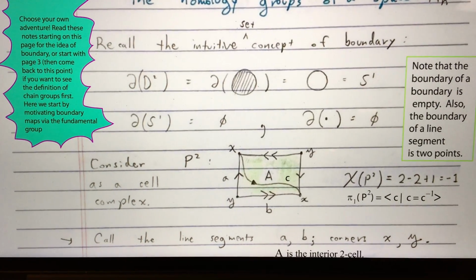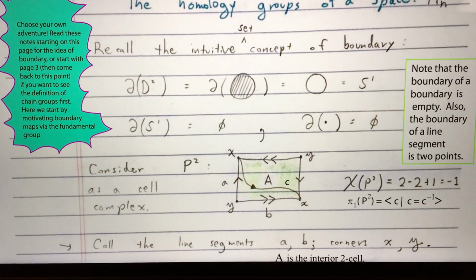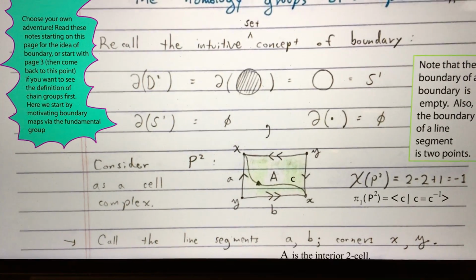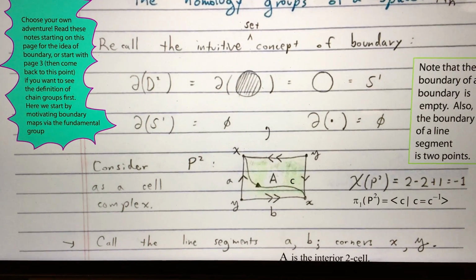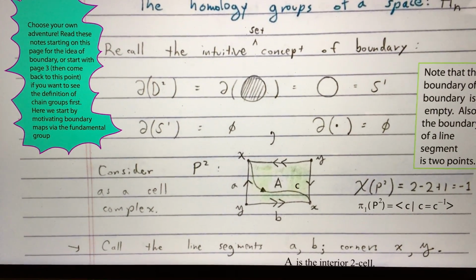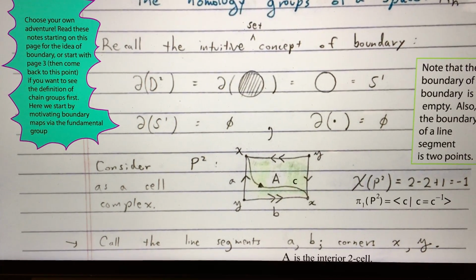Here's some things that we worked out before. For instance, the Euler characteristic is 2 minus 2 plus 1 because there are two corners, x and y, and then minus 2 for the two line segments, and then plus 1 for the two cell, the two disk, which I called A here.